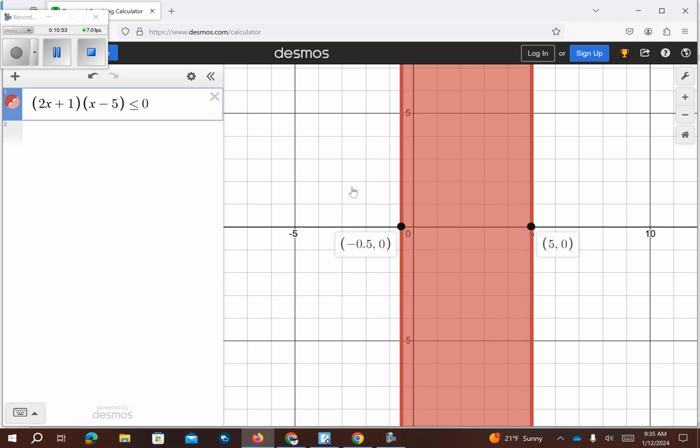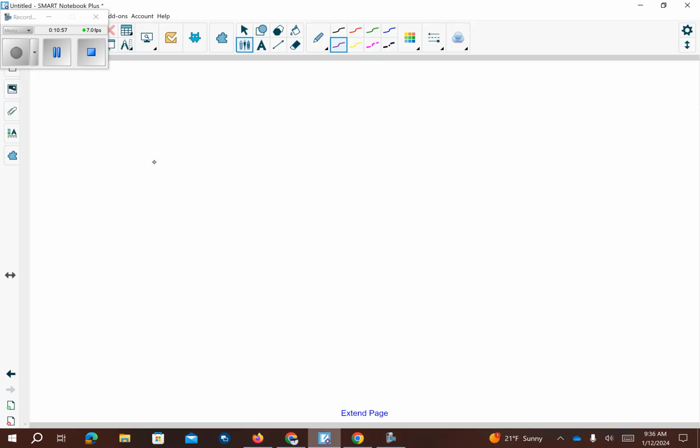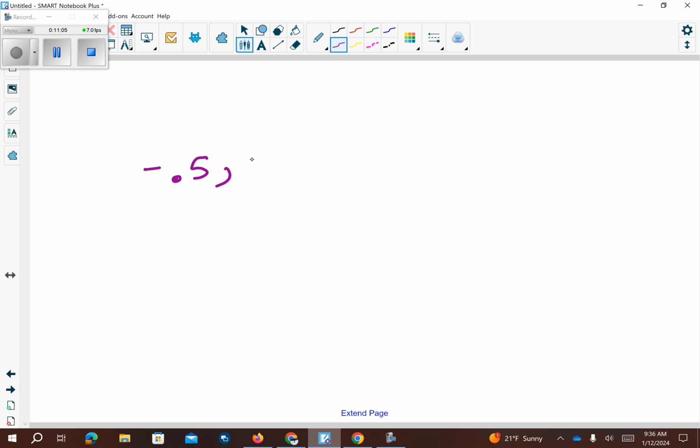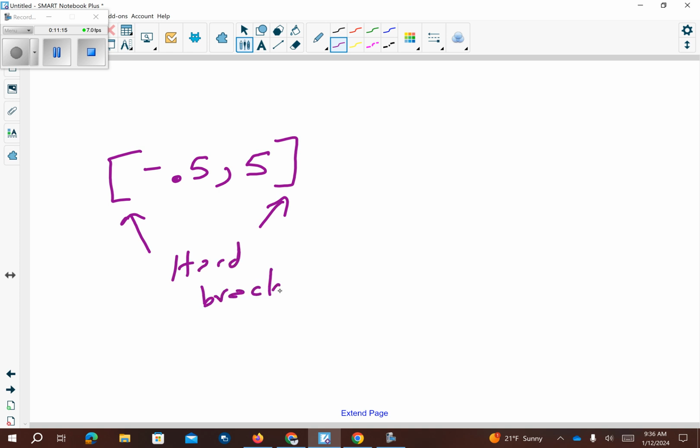Okay, so if I plug anything in between those two in, I have negative 0.5, and I also have 5. Okay, these are going to be hard brackets.